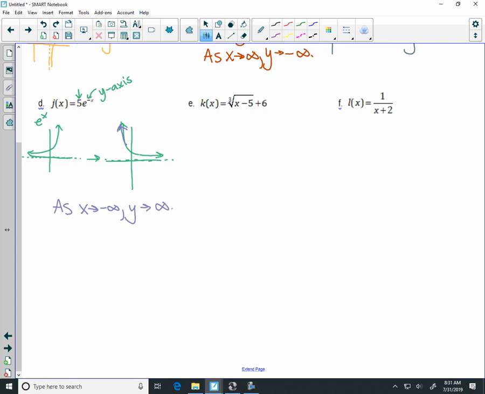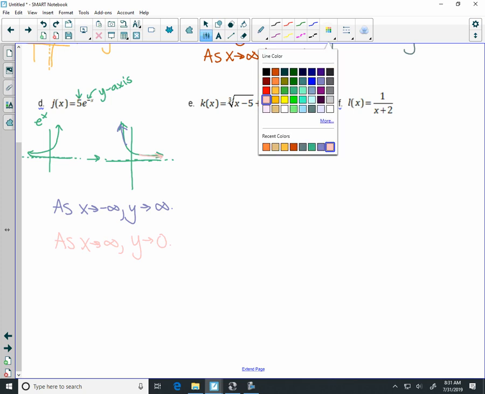As x approaches positive infinity, y is flattening out to 0, so y approaches 0. Those horizontal asymptotes are a big deal. They're a big deal for limits, and we will do that at the end of the year right before you have this. Okay.